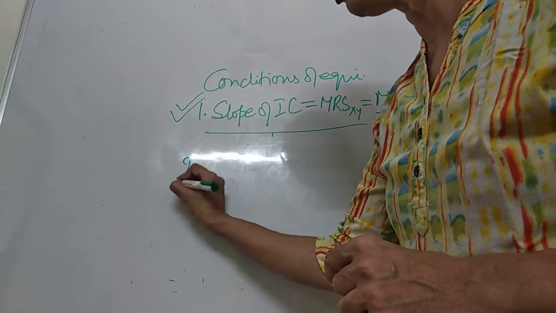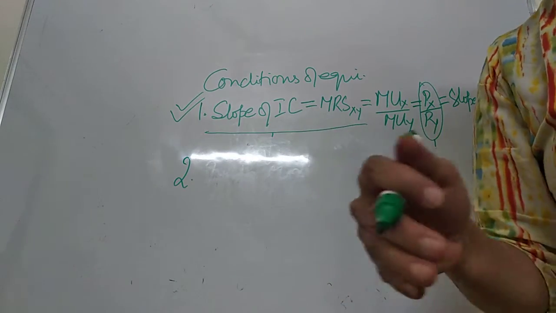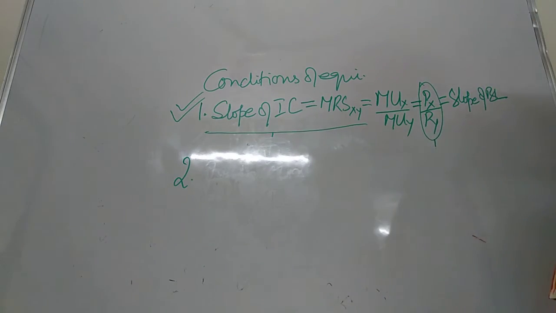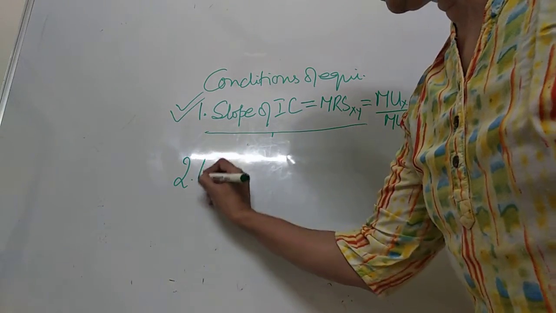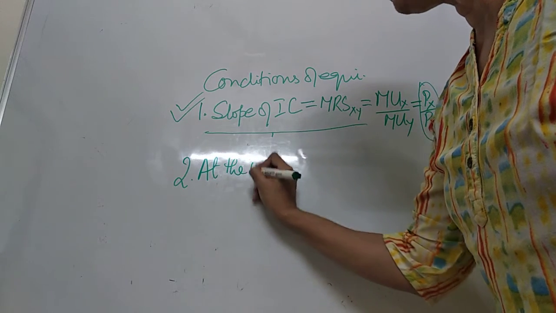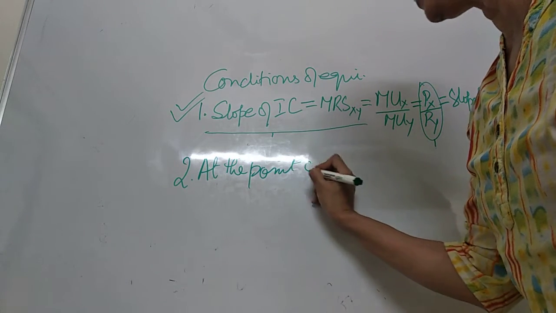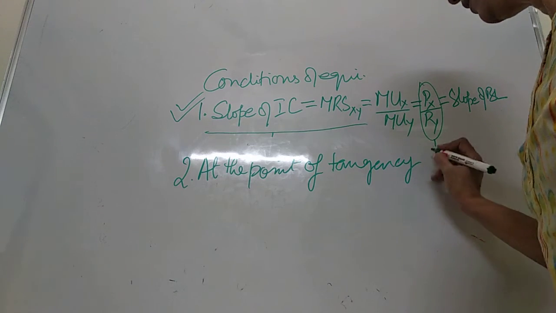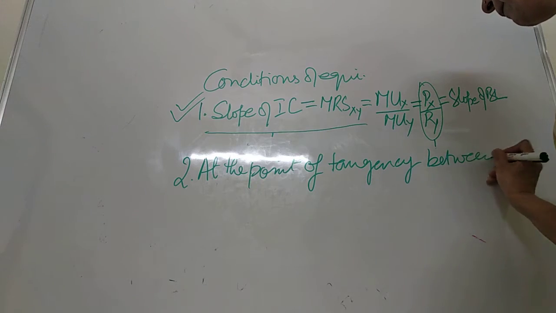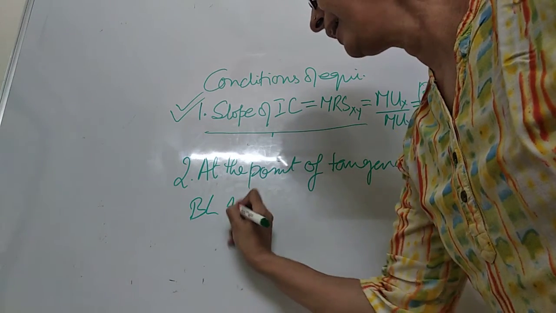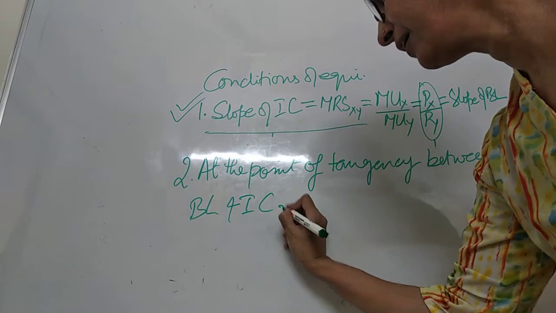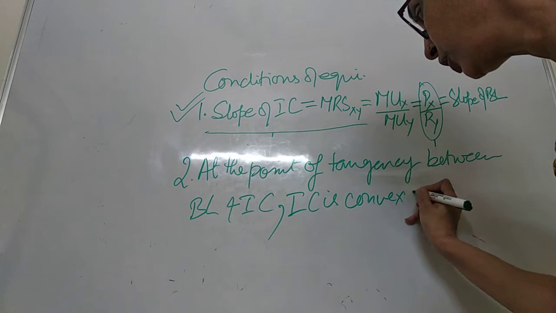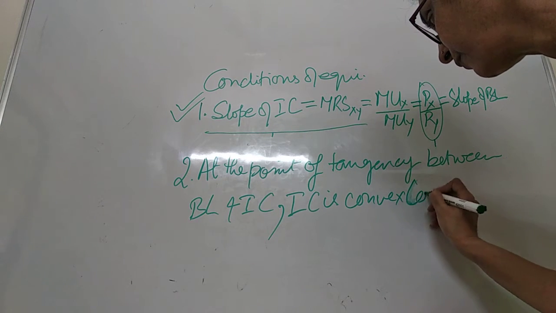Now comes the sufficient condition which needs to be fulfilled along with this condition for the consumer to be in equilibrium. So the second condition is that at the point of tangency between the budget line and IC, the IC is convex to the origin.